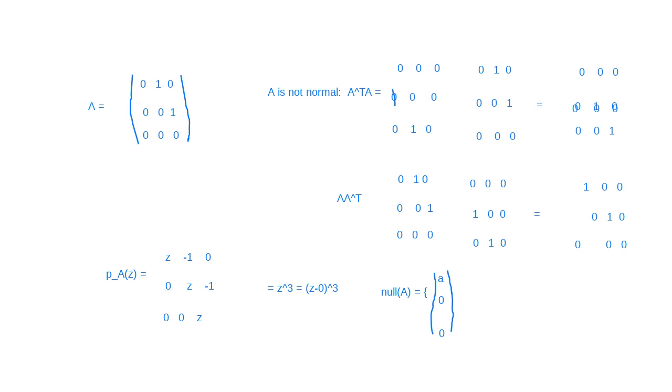This should be P subscript A, and I just write an underscore for a subscript, meaning the characteristic polynomial.